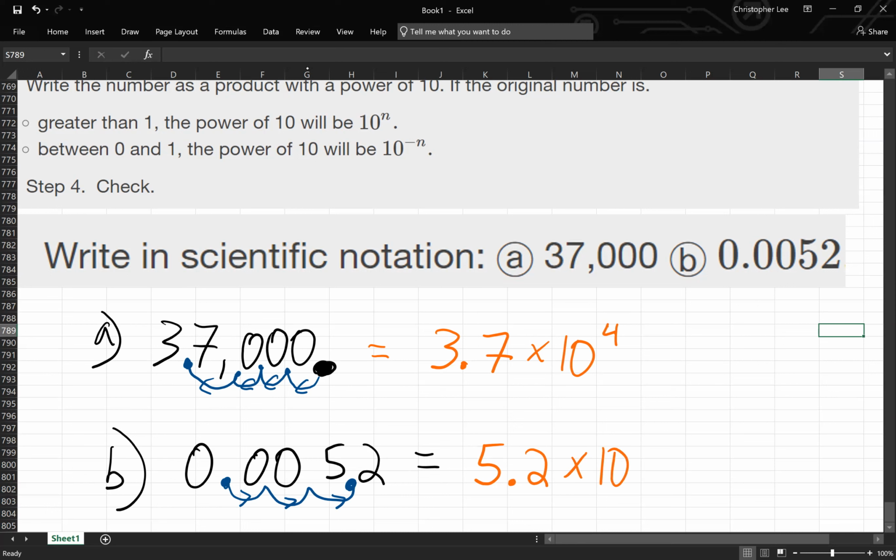Now, how many spaces did I move over? I moved over 3, but I moved to the right, so that's going to be negative 3. And that's it. Questions on this? Decimals are always to the right, big numbers always to the left. All right, you guys try.